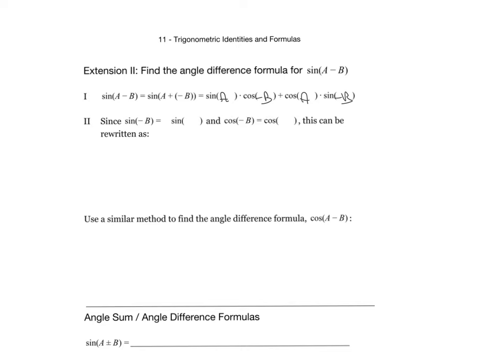Now, in part A, I think at the very end of part A, we looked at another way of writing what sine of a negative angle is.